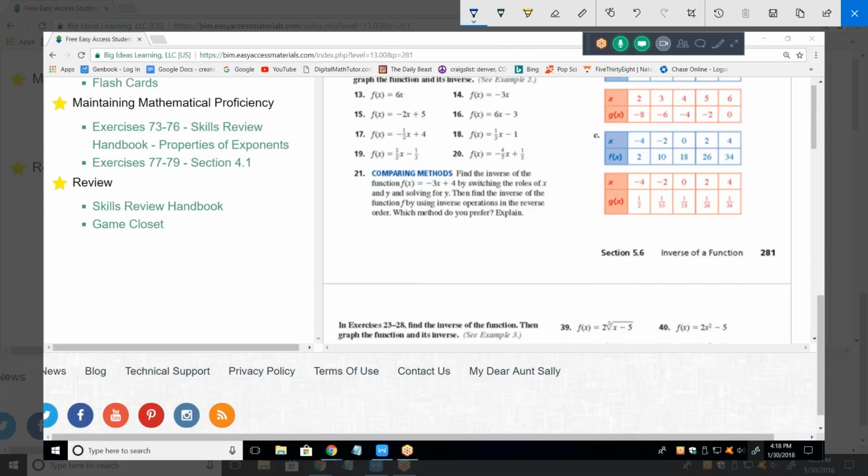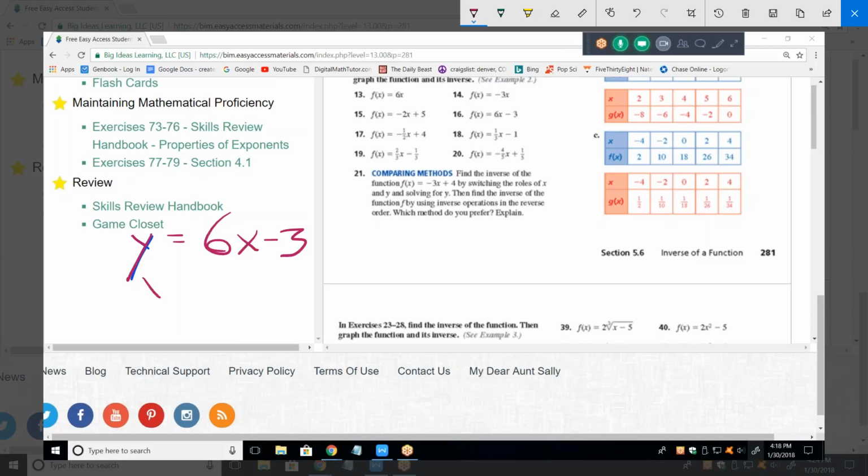Okay, 16. Give me all 3 steps. So y equals 6x minus 3. Next line.